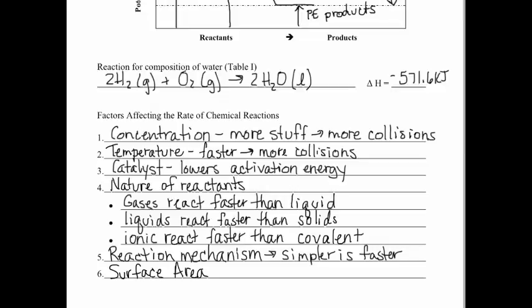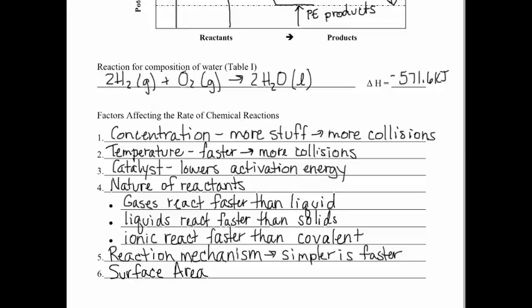You may have in the past done an experiment where you've dropped a sugar cube in water versus a spoonful of sugar. And you would find that the spoonful of sugar actually dissolves faster because there's more surface area to react with the water. Granted, that's just dissolving, but the same is true with chemical reactions.